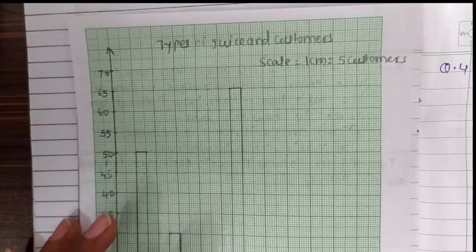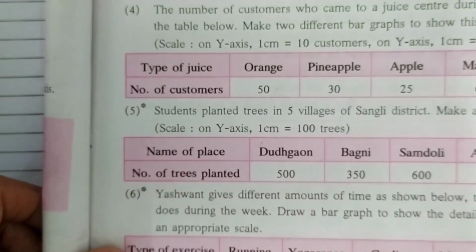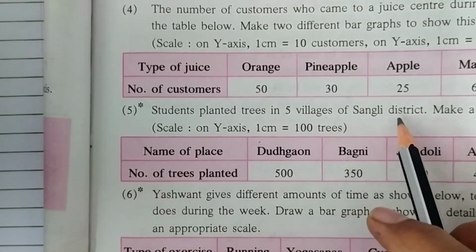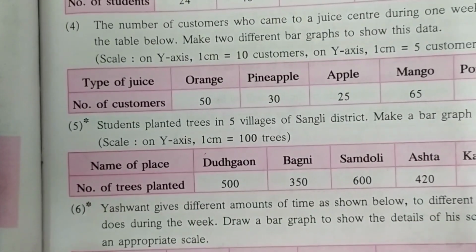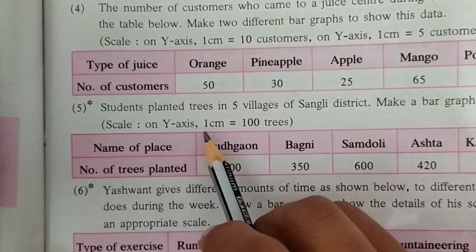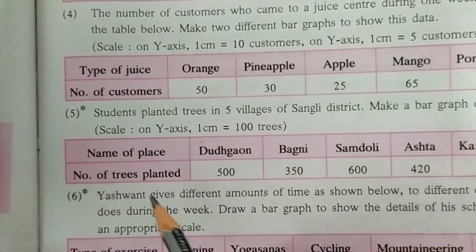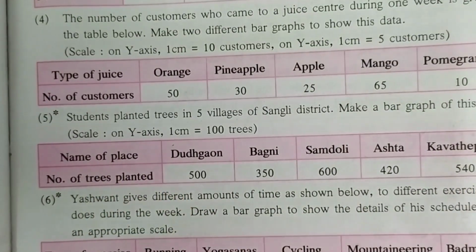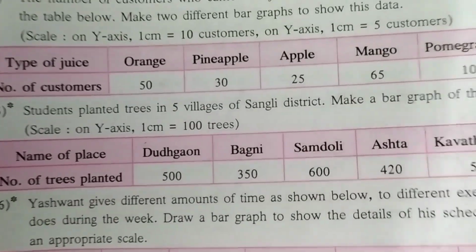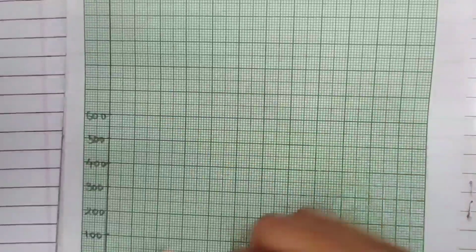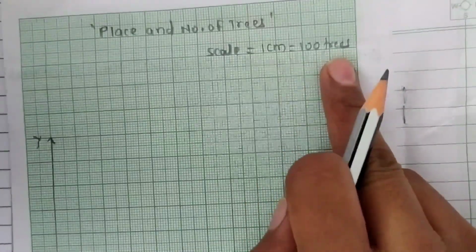So now question number 5. The question is, students planted trees in 5 villages of Sangli district. Make a bar graph of this data. The scale given to us on the y-axis is 1 centimeter is equal to 100 trees, and here they give us the name of place and number of trees planted. Now here I draw x and y axis and I place here our scale, 1 centimeter is equal to 100 trees.